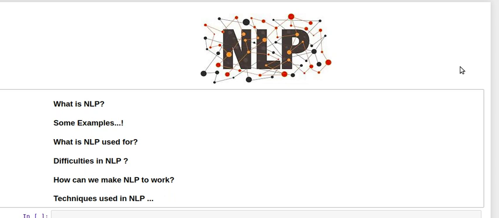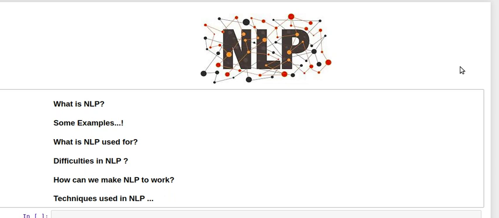It is a process of converting the human language to a machine readable language and understand and make sense of the human languages in a manner that is valuable. Most NLP techniques rely on a technology called machine learning, which comes under artificial intelligence, to derive meaning from human languages.